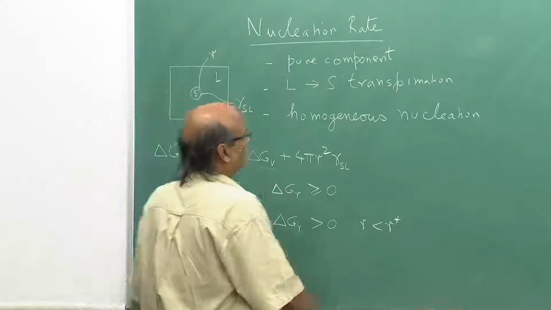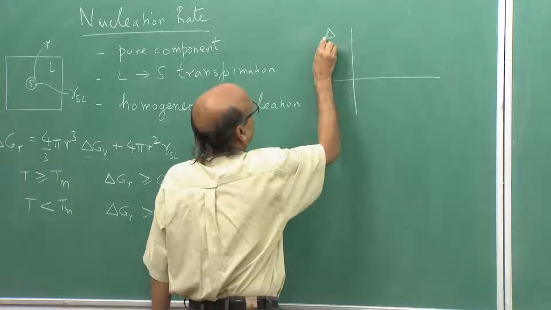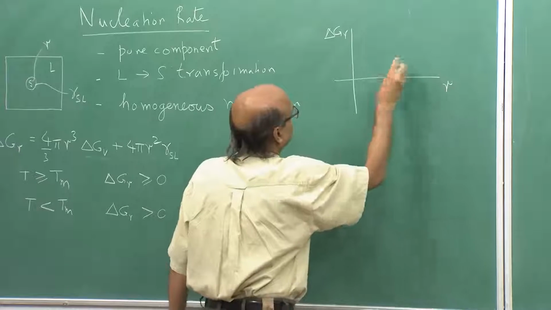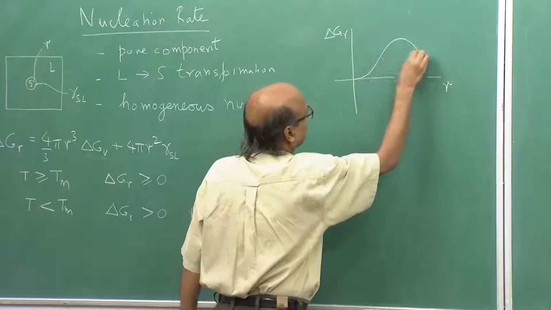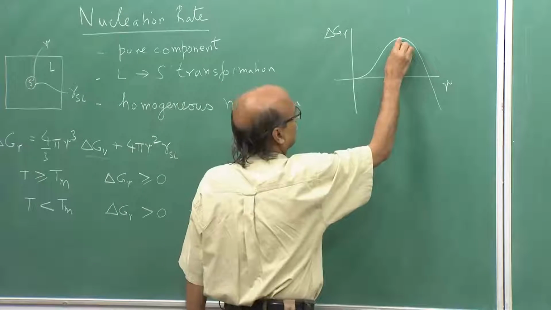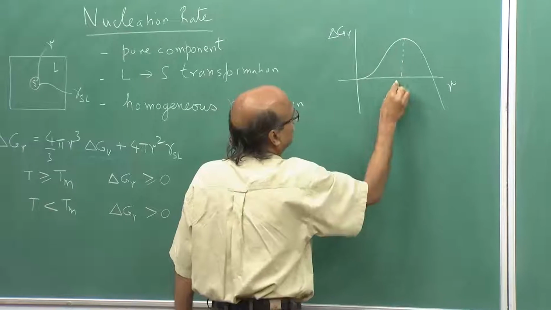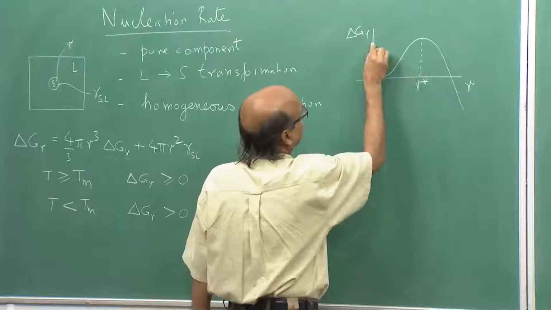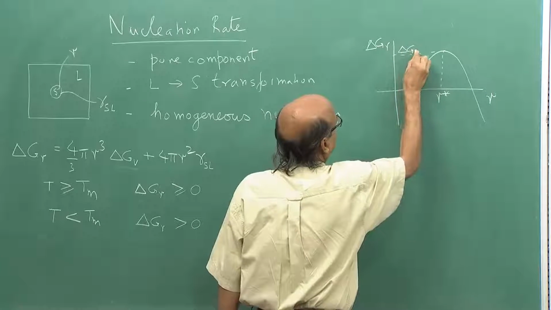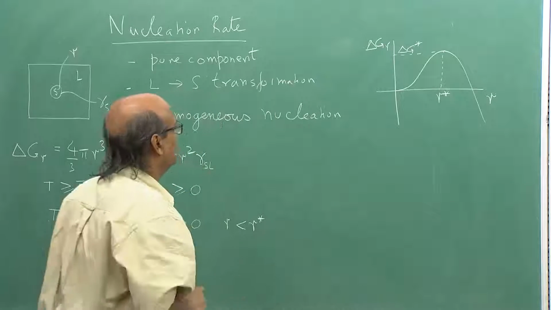And if you recall, if I plot delta GR versus R, I have a curve like this, where it goes through a peak which is the critical size of the nucleus, and corresponding to the critical size there is a critical free energy, delta G star.